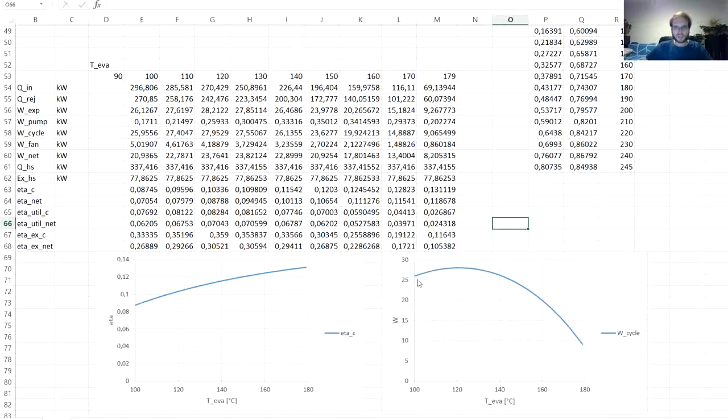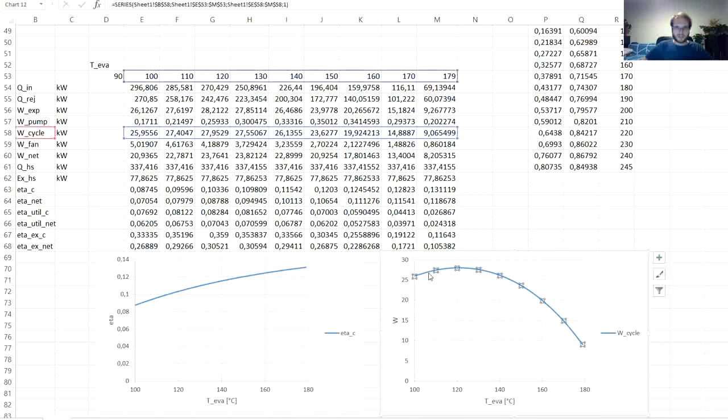And suddenly you can see that the shape of the curve of the work of the cycle is completely different, where with the temperature of evaporation it's first rising slightly, going to some point of a maximum, and then decreasing. Why is this happening? Well, let's have a look at the heat input into the cycle.